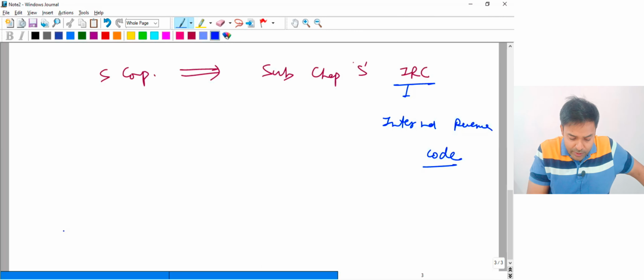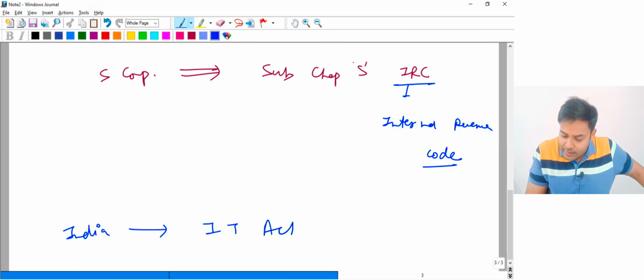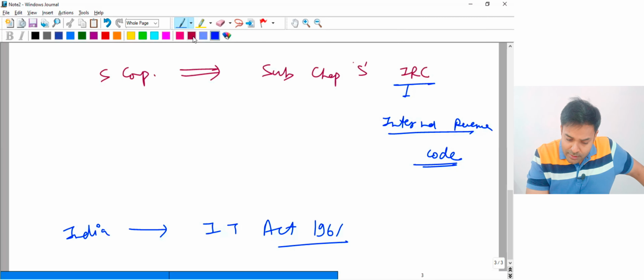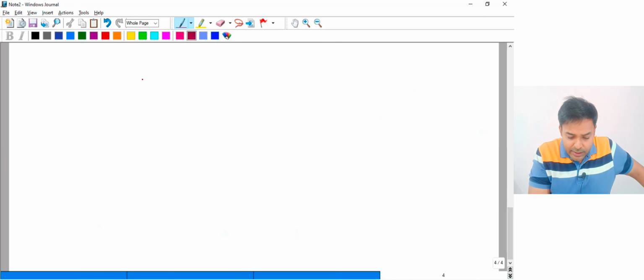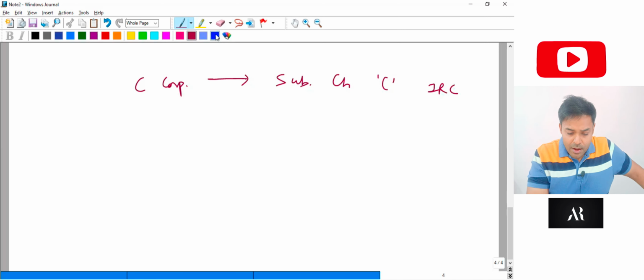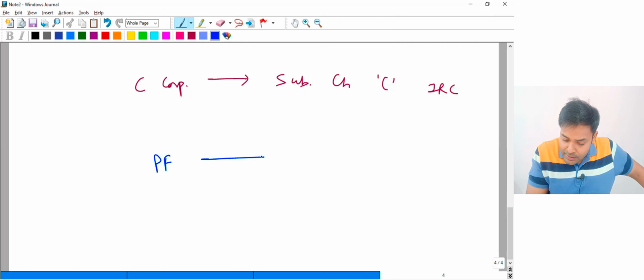The way in India we have the Income Tax Act, 1961, there we have the US IRC, Internal Revenue Code. Similarly, C corporation is governed by subchapter C of the IRC. Similarly, a partnership firm is governed by subchapter K of the IRC, but we don't call it a K corporation. We still call it the partnership.